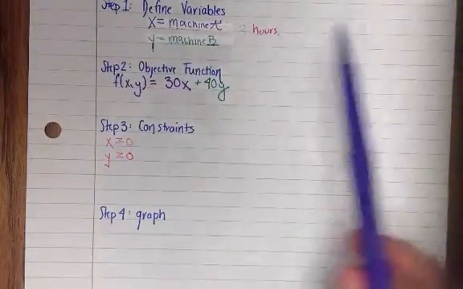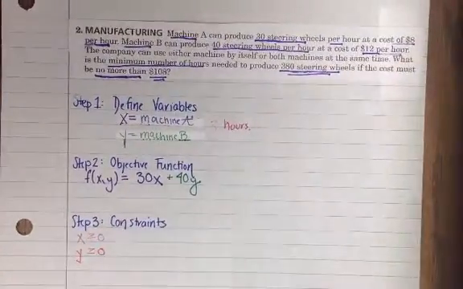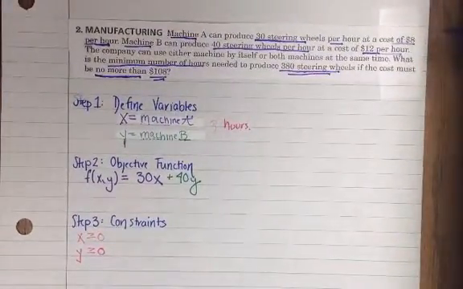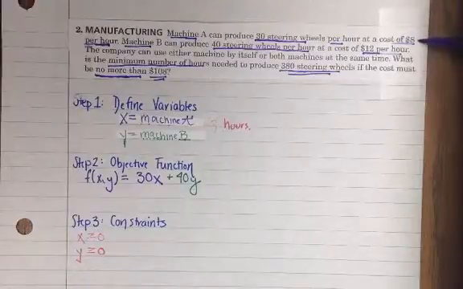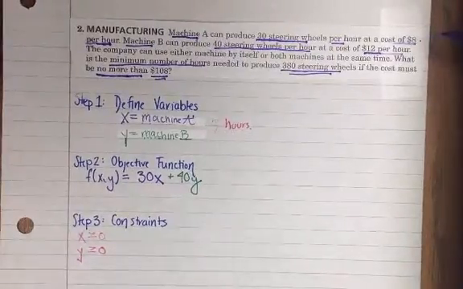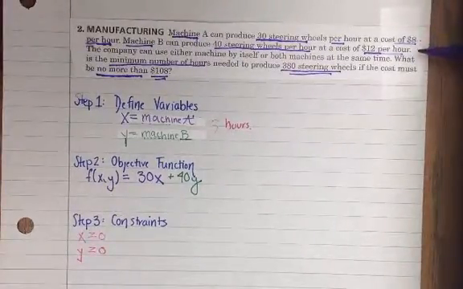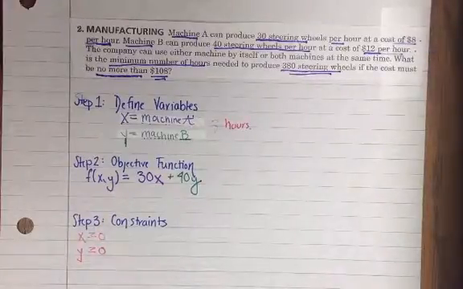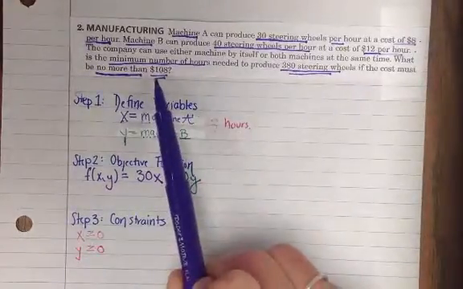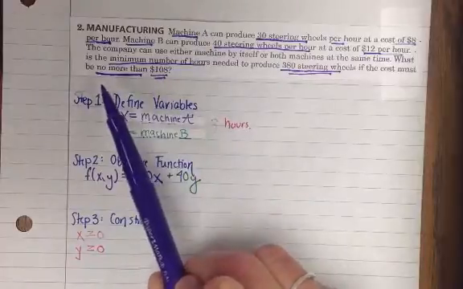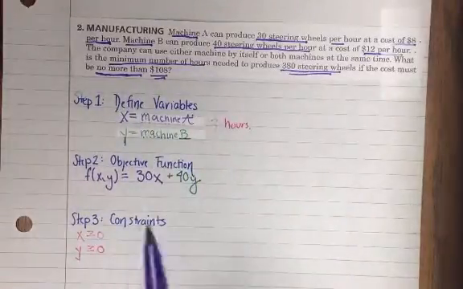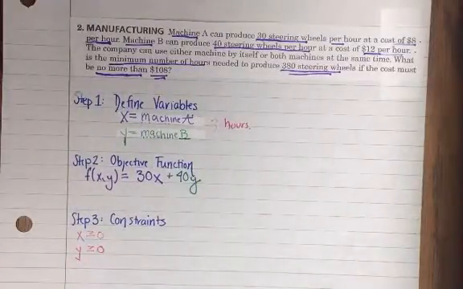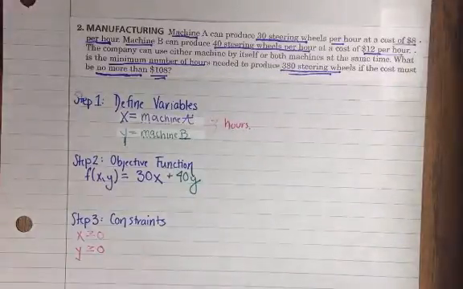We are limited to $108. So the cost of machine A is $8 per hour, and the cost of machine B is $12 per hour. We can only spend $108. So no more than means that I have to be less than or equal to it. I can't be greater than it.